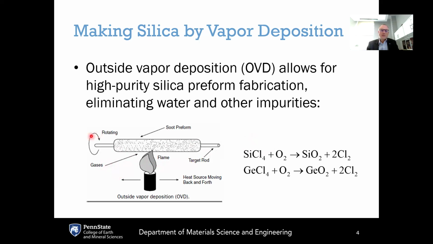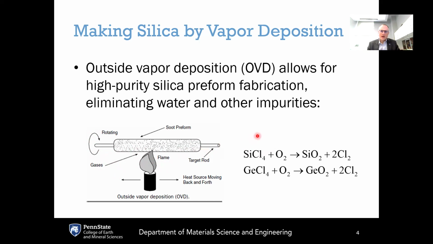At the same time, the rod is rotating. So the rod is rotating, the flame is going back longitudinally, and wherever the flame goes, that's where silica soot is going to be deposited onto the target rod, and the silica soot is just going to grow outward more and more to form this preform.